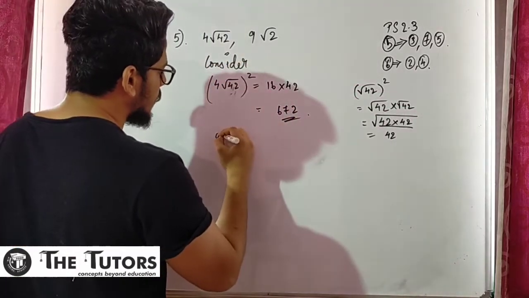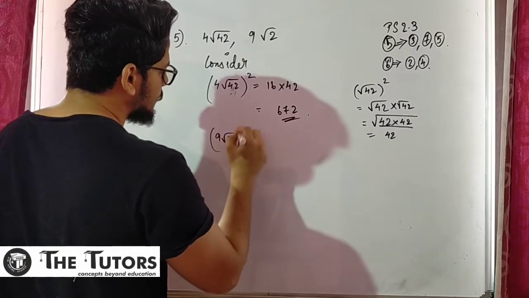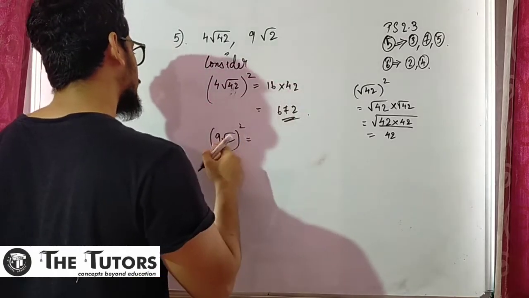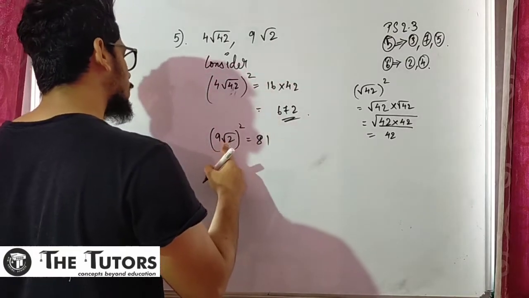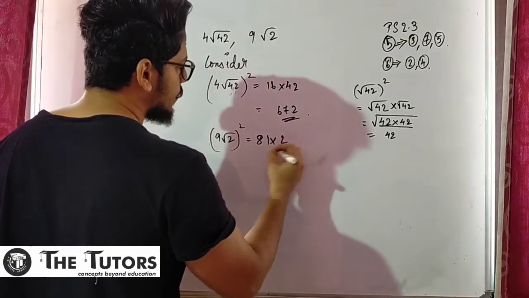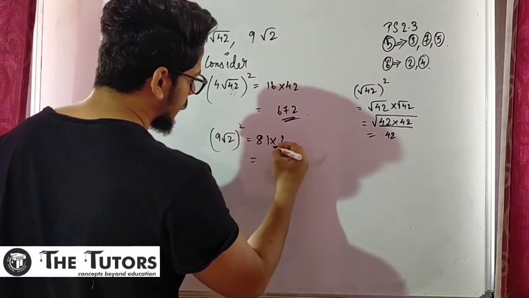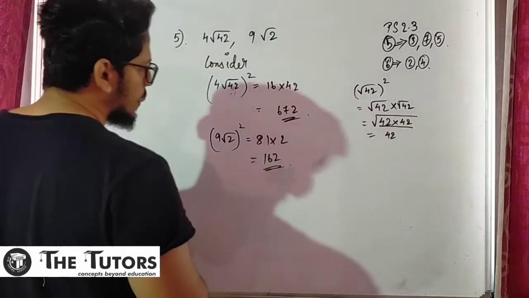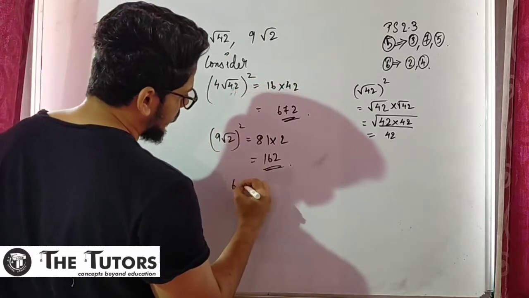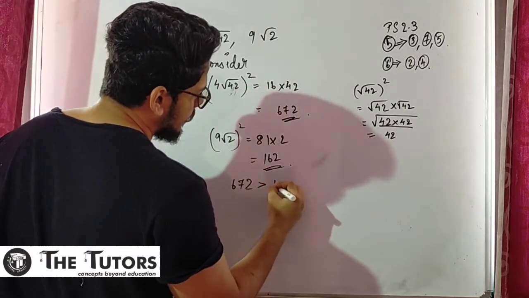Then 9 root 2 the whole square. What is the square of 9? 81. The square of root 2 is 2. 81 2s are 162. Now if you see here, 672 is greater than 162.